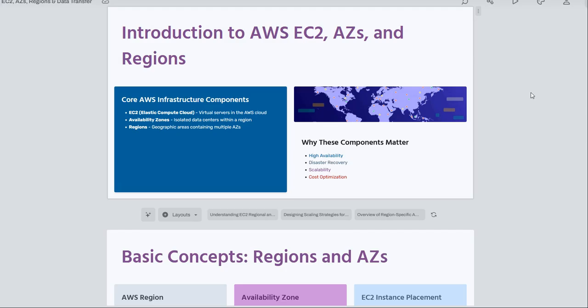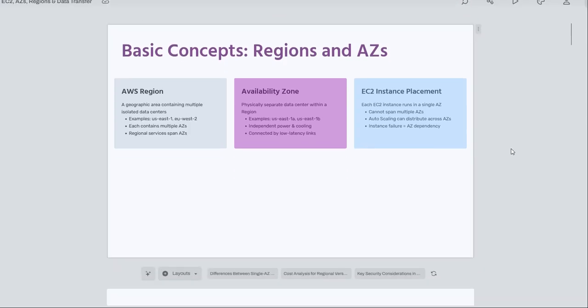We already know regions are geographic areas containing multiple availability zones. So why does EC2 matter with these components? We achieve high availability, disaster recovery, scalability, and finally cost optimization with EC2, right?